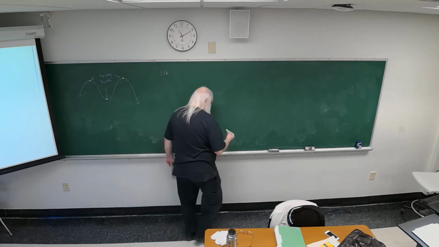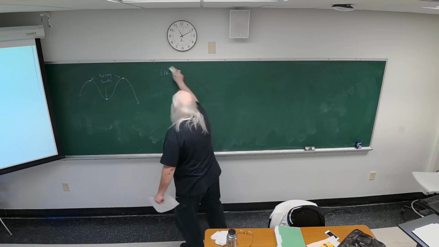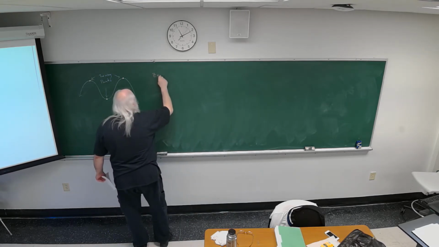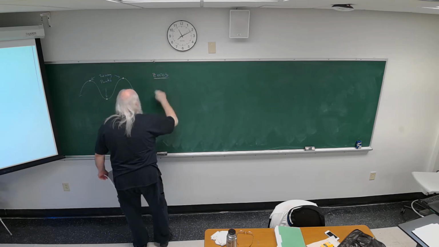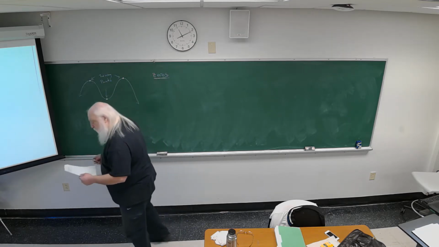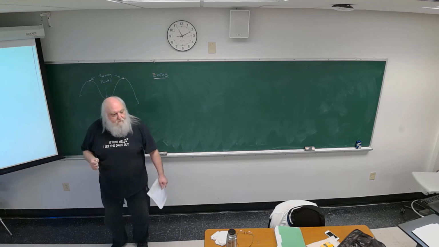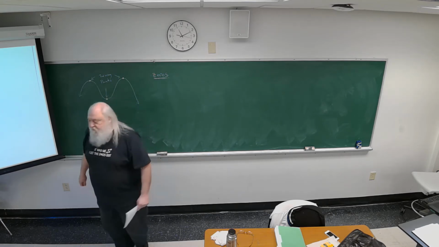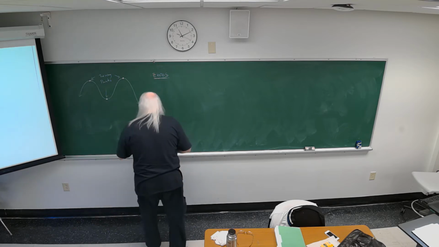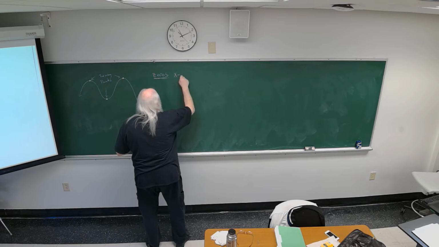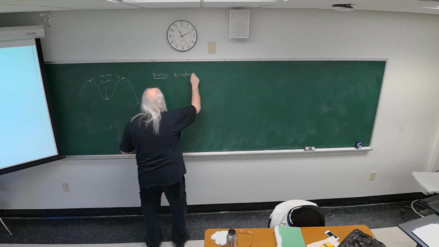Before we do that, let's define what we mean by zeros. Does everybody know what the zeros of a polynomial function are? X-intercepts. Very good. So the zeros of a polynomial function are where the x-intercepts are located.